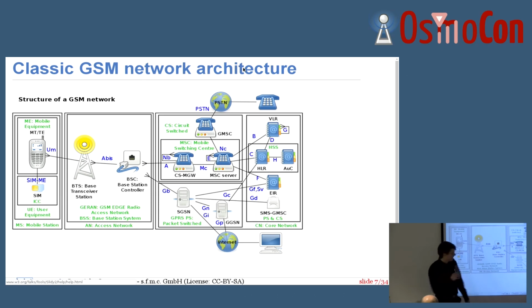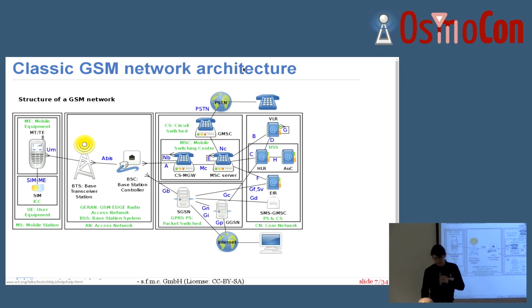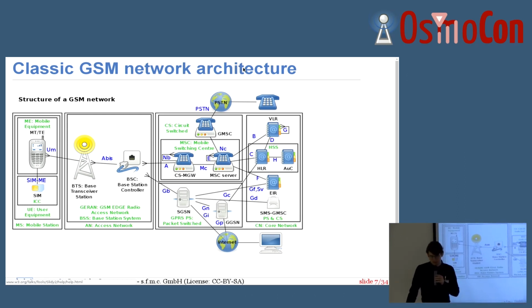The protocol stack on the radio interface is completely different from what you see on the A-bis interface, and from what you see on the A interface, and on other interfaces. On every interface you look at, maybe some upper layers are identical, but the lower layers are definitely separate and different each time. And there's no end-to-end connectivity. It's not like an IP network where you have relatively simple routers that pass packets from left to right.